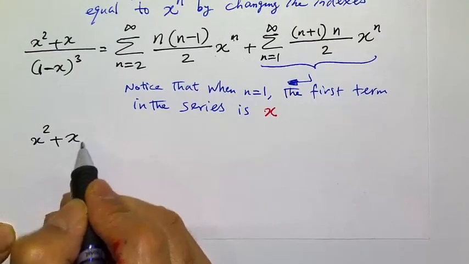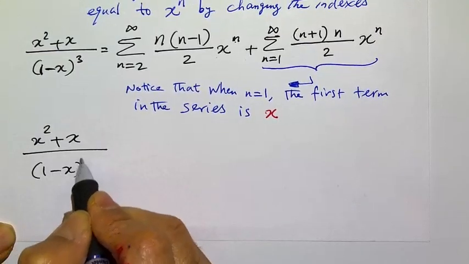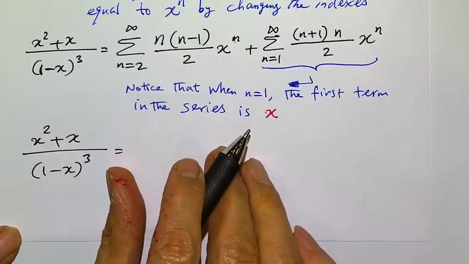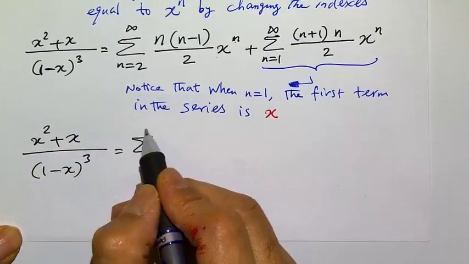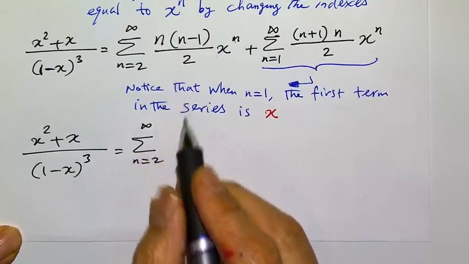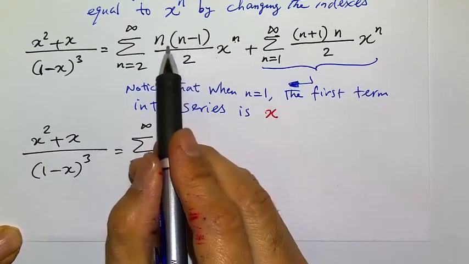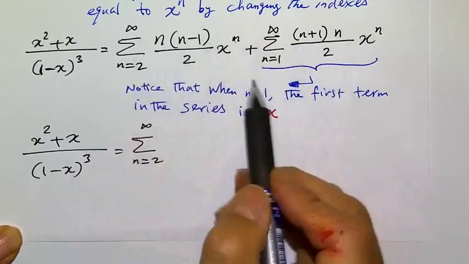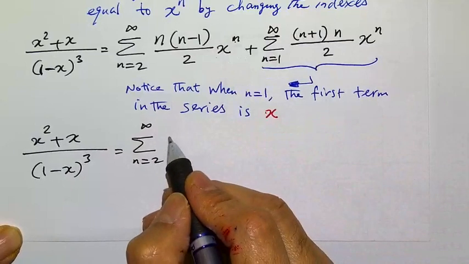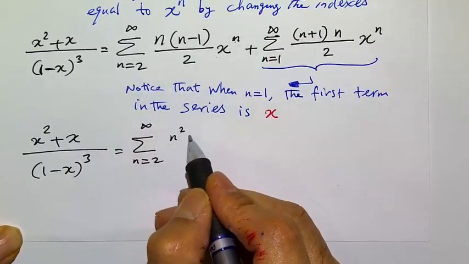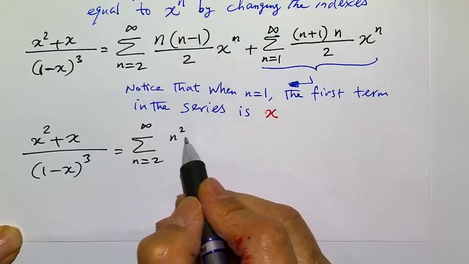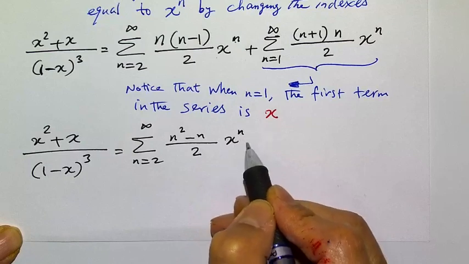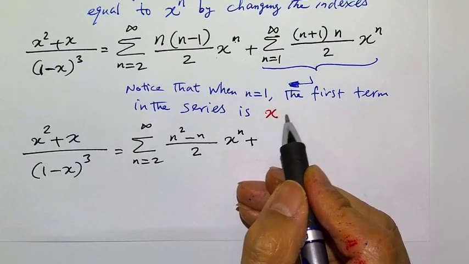We have x squared plus x divided by 1 minus x cubed on the left. And this we have, let's see, n equals 2. And then let me also distribute this. Again, the objective of everything is just to simplify this massive series. And so n times n is n squared. n times minus 1 is minus n over 2 x times x to the n, plus this x.